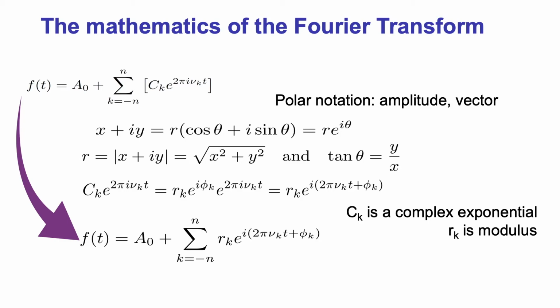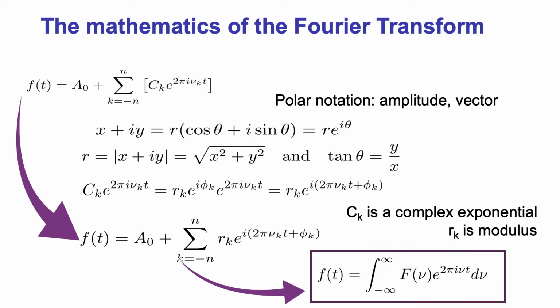If we now adopt continuous instead of discrete functions, we obtain the formula for the inverse Fourier transform, where the function in time f of t is the integral in delta nu from minus infinity to plus infinity of the function of amplitudes in the frequency domain, big F of nu, times the complex exponential function.